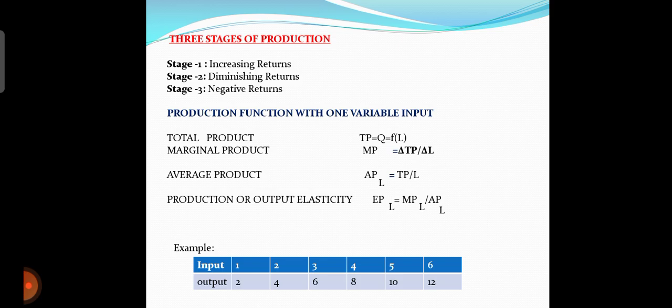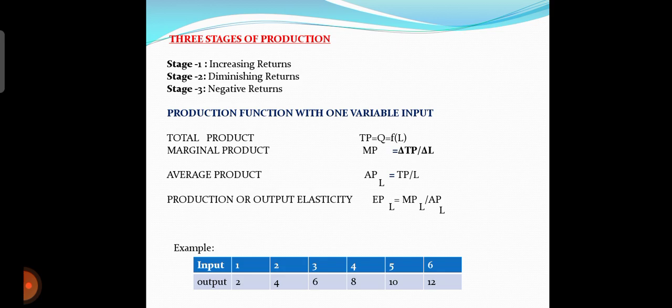Increasing returns: as the quantity of one factor in the combination of factors is increased up to a point, the marginal product of the factor will increase. The reasons for this: quantity of fixed factor, division of labor, and economies. Coming to the next stage, diminishing returns.